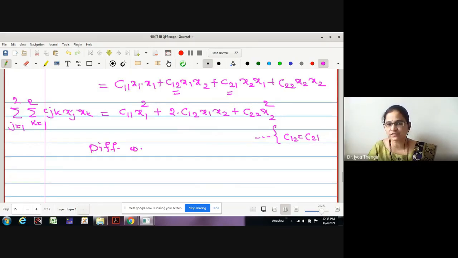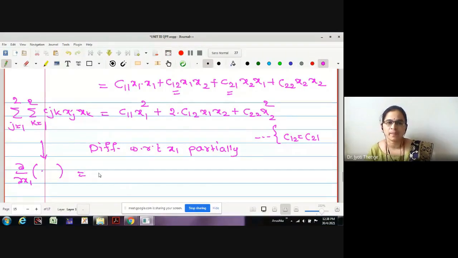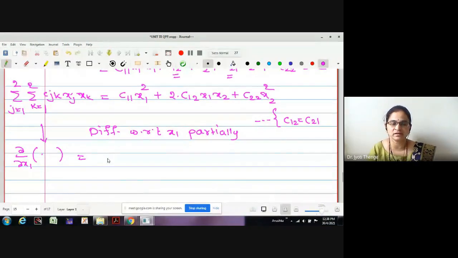Let me differentiate with respect to x1 partially. Therefore, the dou by dou x1 of this term is equal to, what is the differentiation on the right side?